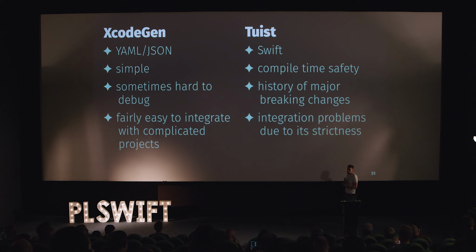And Tuist, in our case, posed an integration problem. Because Tuist really is focused on this type safety, and in Tuist you can also include sub-projects in your project's configuration, but the project you are including has to also be managed by Tuist.